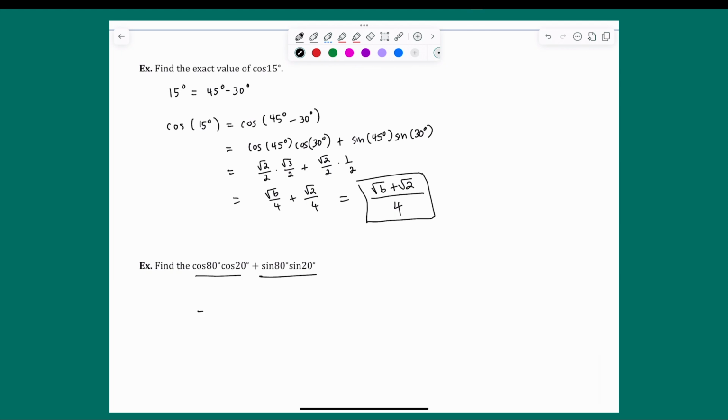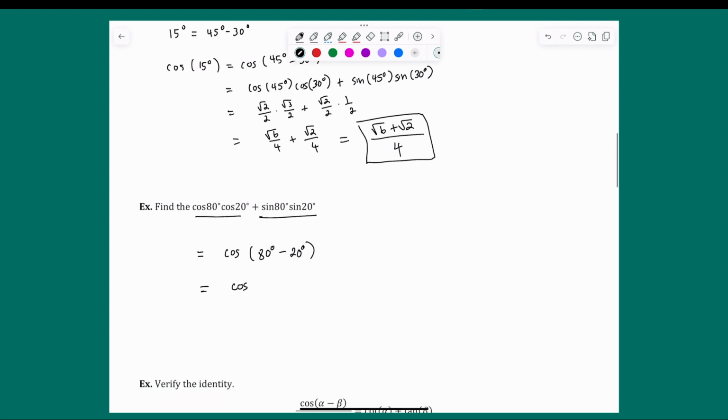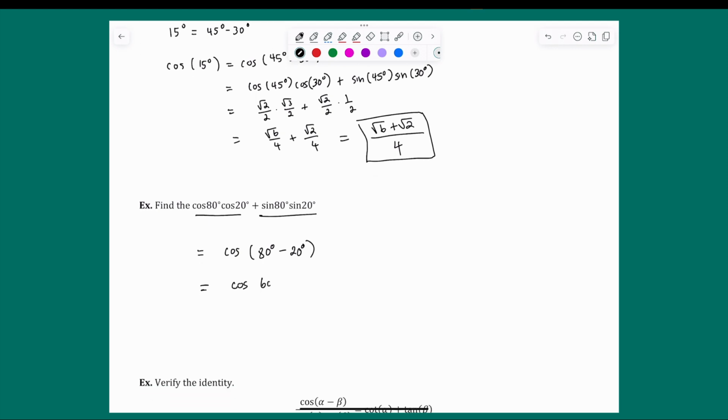In other words, this here is the same thing as cosine of 80 degrees minus 20 degrees, which gives us cosine of 60 degrees, which is a nice special angle that we are all familiar with, which is 1/2.